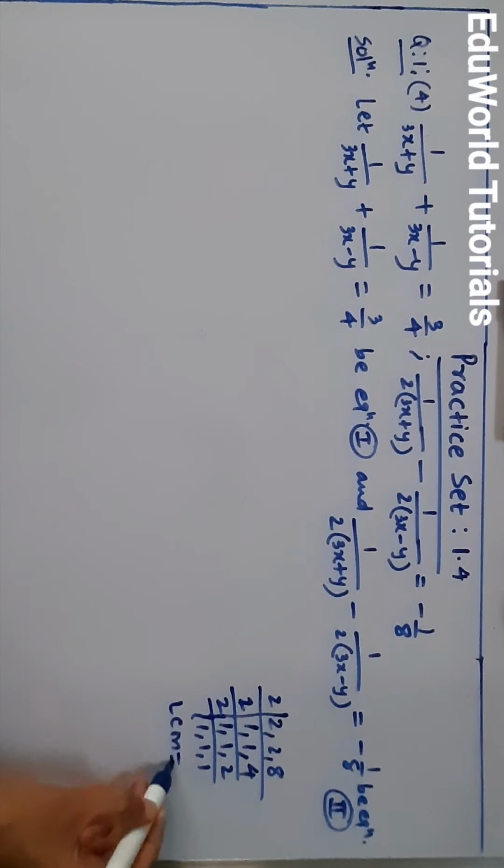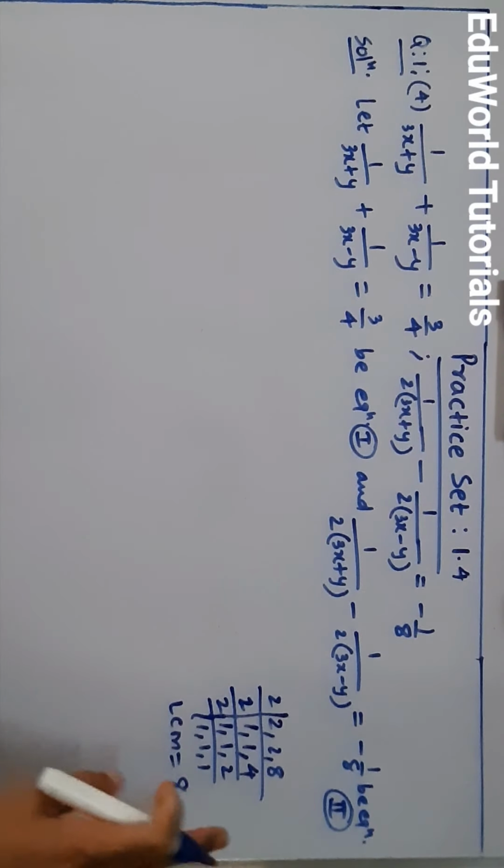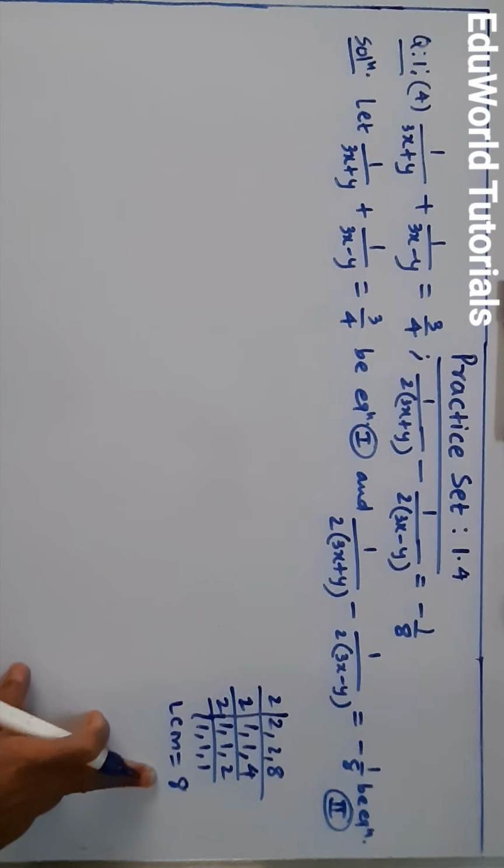This is called the LCM of the denominators. So LCM is 8. What we need to do is multiply the second equation by the LCM 8.